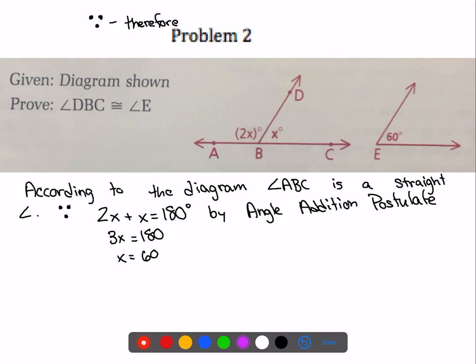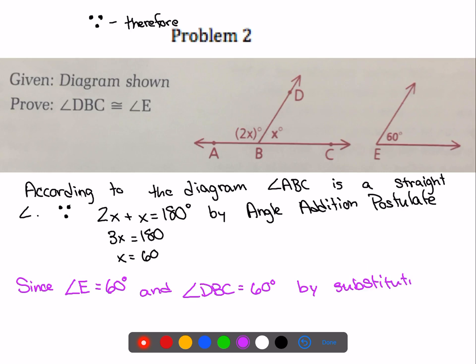Now, since we already know angle E is equal to 60 degrees and angle DBC is equal to 60 degrees by substitution, maybe you ask, what are we substituting?